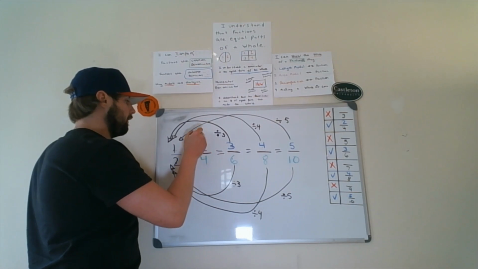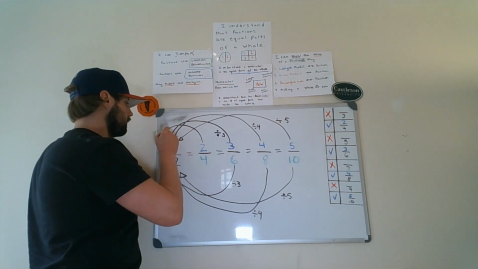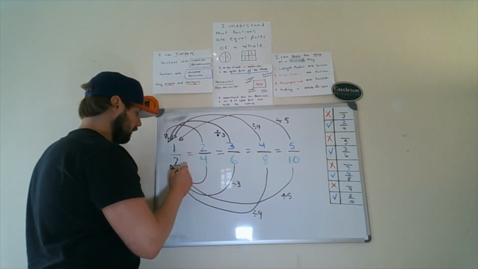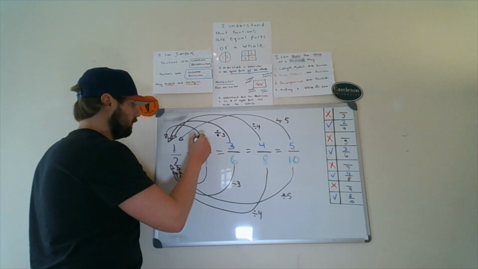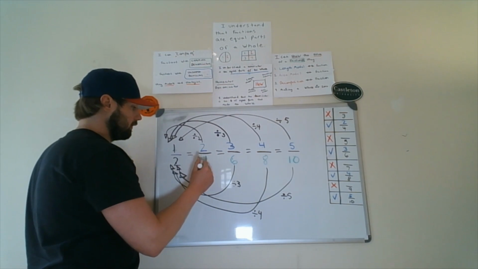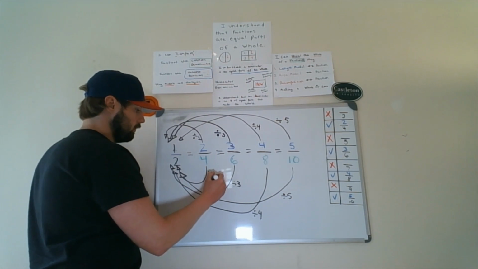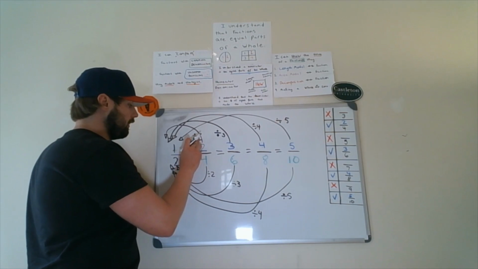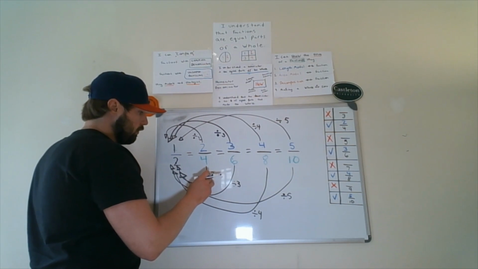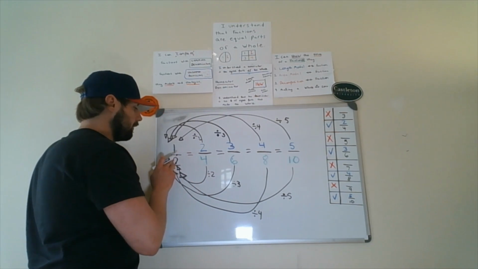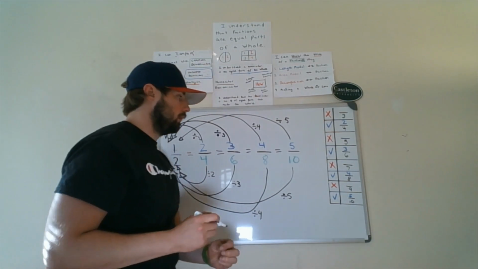Lastly, when we found that 2/4 was equivalent to 1/2, we were also dividing by 2, those number of parts. 2 divided by 2 is 1 part. 4 divided by 2 was 2 parts.